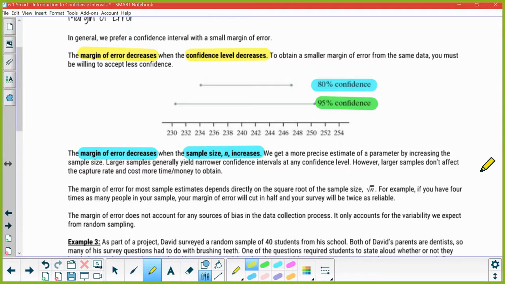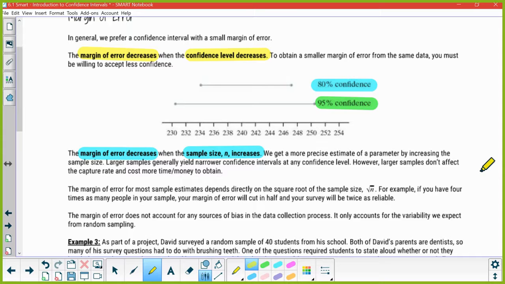Larger samples generally yield narrower confidence intervals. However, larger samples don't affect capture rate, and they cost more time and more money. As sample size increases, your variability starts to decrease because you have a larger representation of your population. So typically standard deviation starts to decrease as your sample size increases.